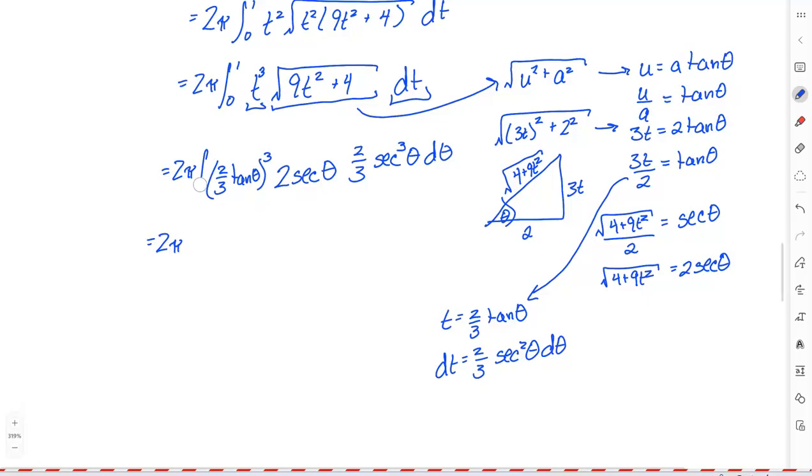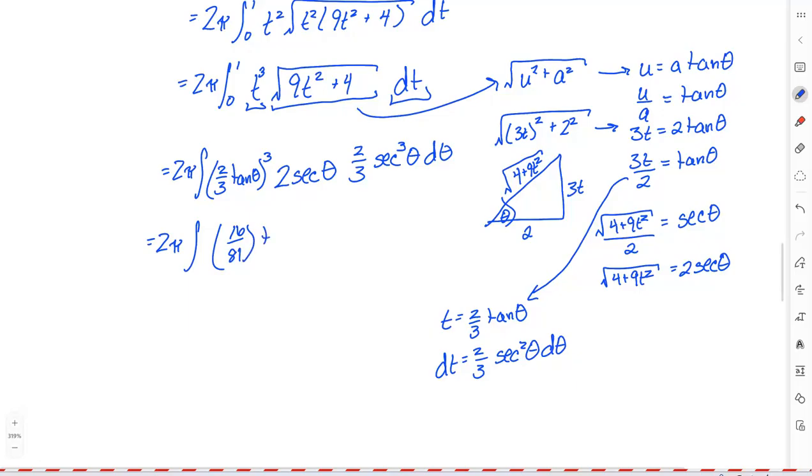And then we're going to have to think about those bounds. Let me clean this mess up first. So I have 2 cubed over 3 cubed. That's going to be 8 over 27 times 2 over 3, which is going to be 16 over 81, since 27 times 3 is 81.